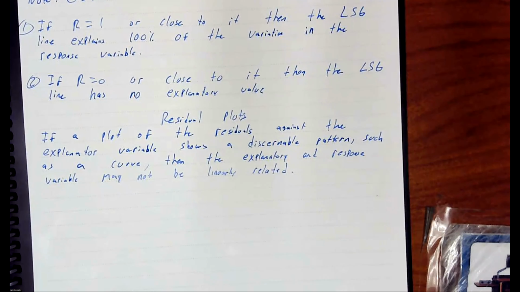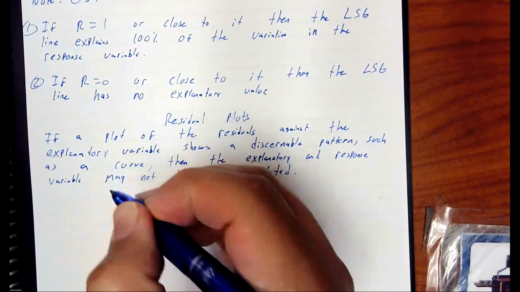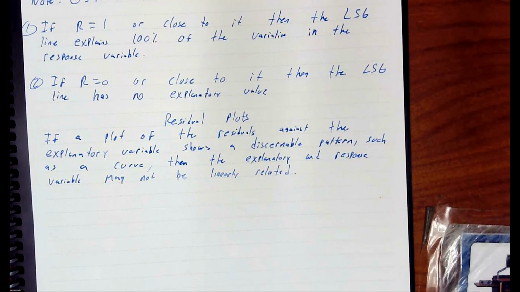So if you do a scatter plot of the residuals against the explanatory variable, I've got my y in there, and it shows a discernible pattern, so if you see some sort of pattern when you plot the scatter plot for residuals, any kind of pattern, then that might be that hint that your x and y are not linearly related.